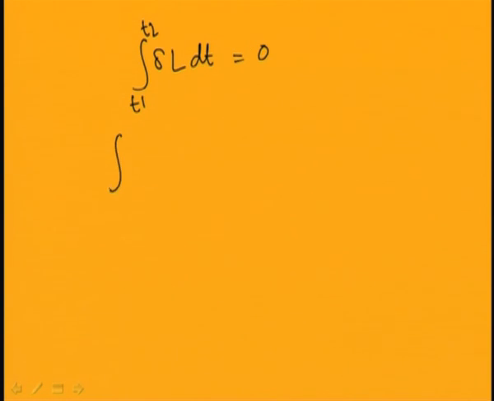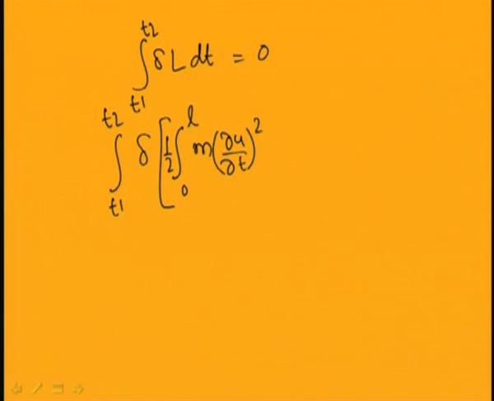In this case I can write this as integral T1 to T2 del of integral 0 to L half, I will take common, m u dot or del u by del t square dx minus integral 0 to L.